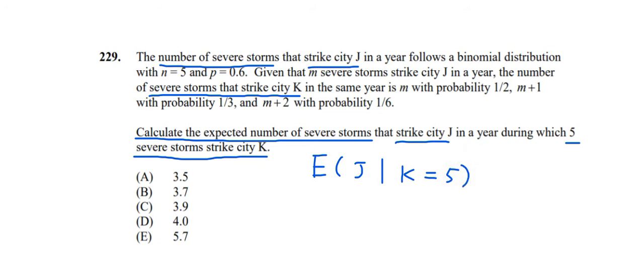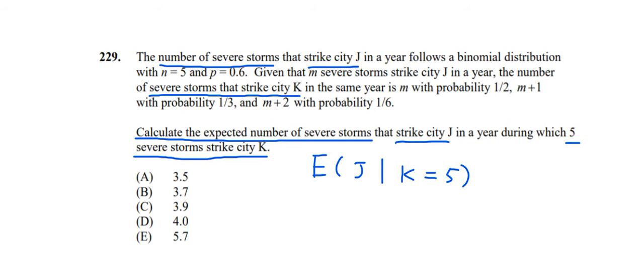Okay, so let's check the condition. We need to find the conditional distribution for J when K equals 5.